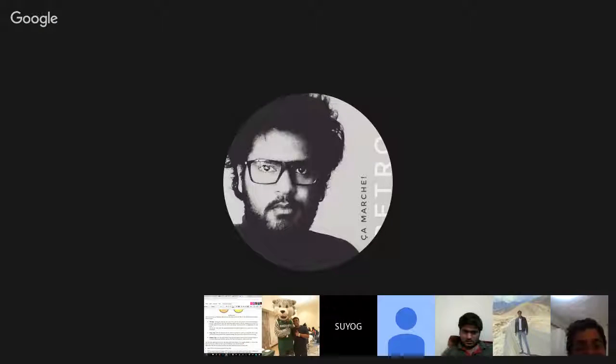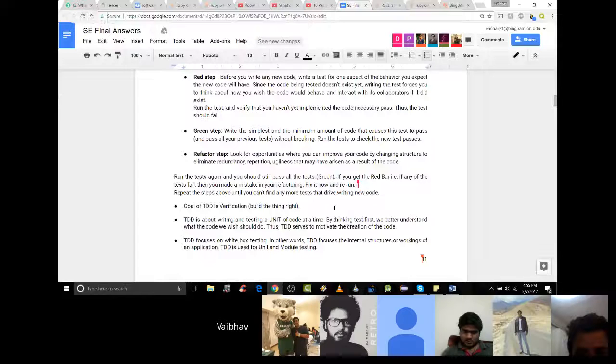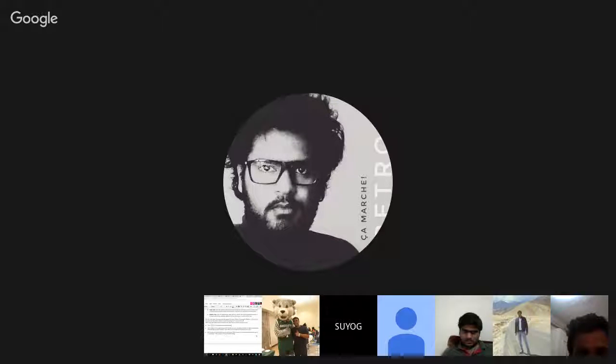But it's somewhat misleading. Can you mention which part of the diagram comes under the red step, which under green, and which under refactor? Can you add it under steps with respect to the diagram?